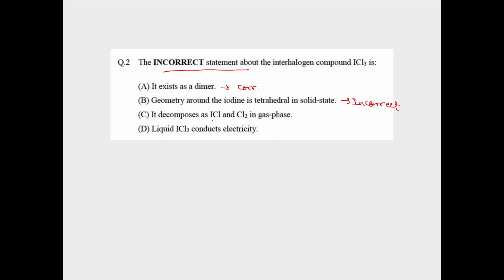It decomposes as ICl and Cl2 in gas phase: this is again correct. And liquid ICl3 conducts electricity: this is also correct because I2Cl6 self-ionizes into ICl2 plus and ICl4 minus. So option B is the correct answer for question number 2.